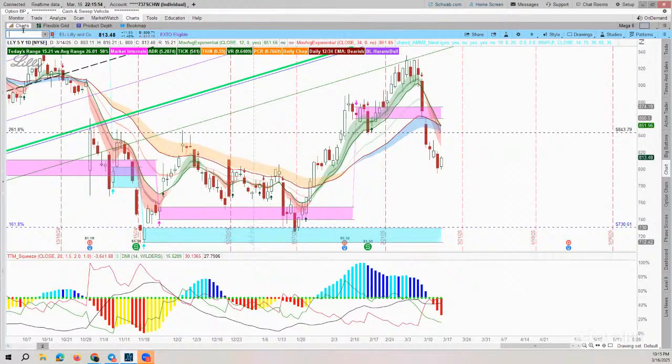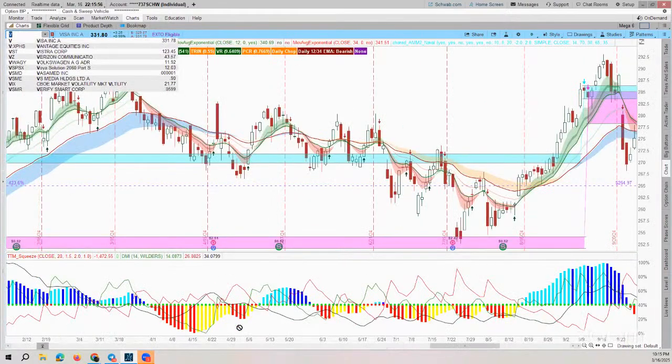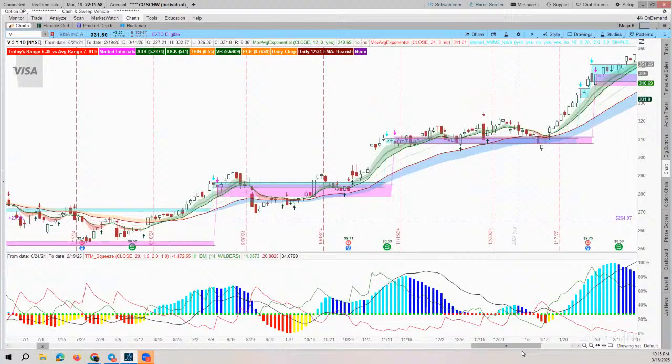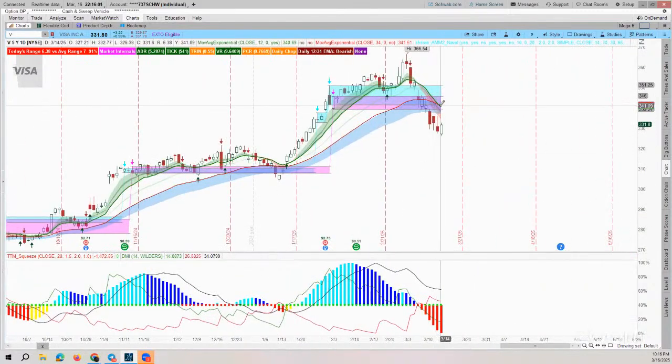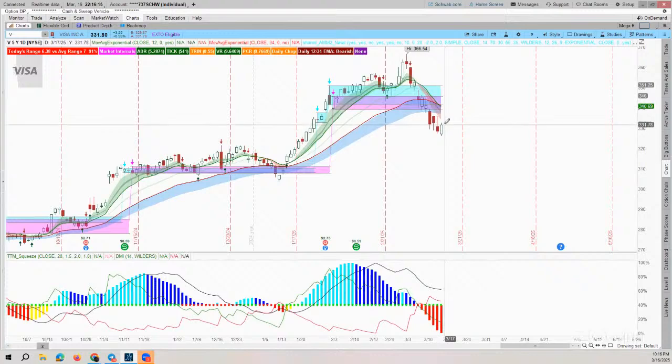Then we have Visa. These are the crossovers. So right on Friday, we have a crossover where the 12 EMA went down with the 34 EMA. With consumer confidence getting hit and the credit card debt getting higher, the risk of these companies is starting to pile up.